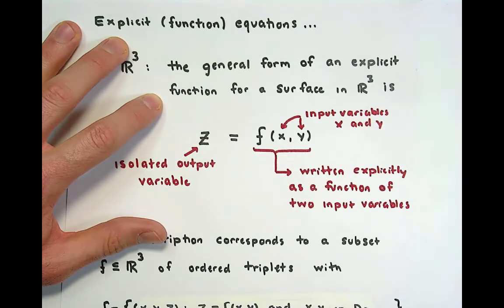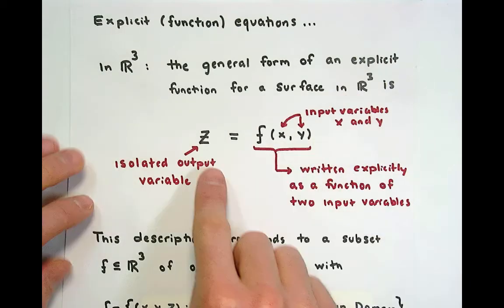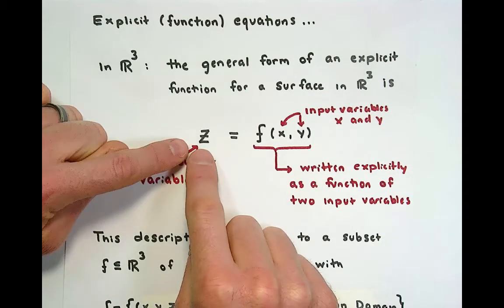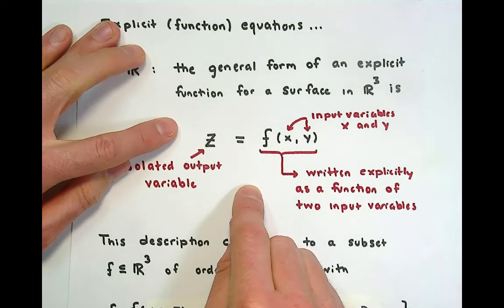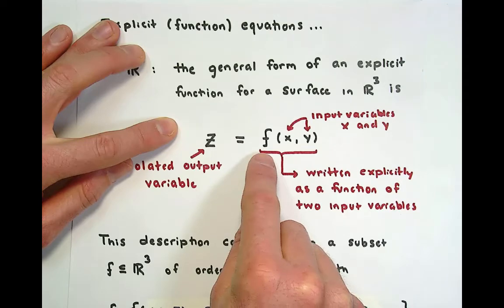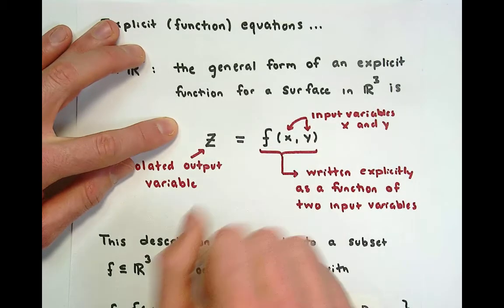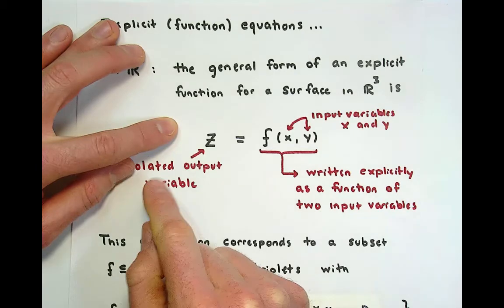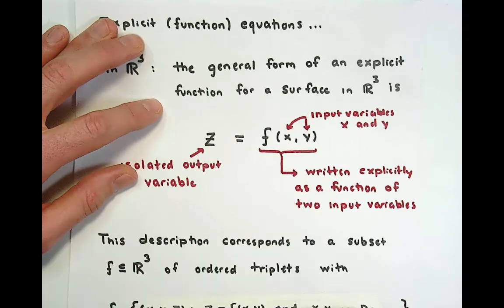But we also have surfaces in R3, and the explicit function representation is z, the output variable, isolated on the left-hand side, given as an explicit function, lowercase f of x, y, where x and y are our input variables. In this case, our output is written explicitly as a function of our two inputs.